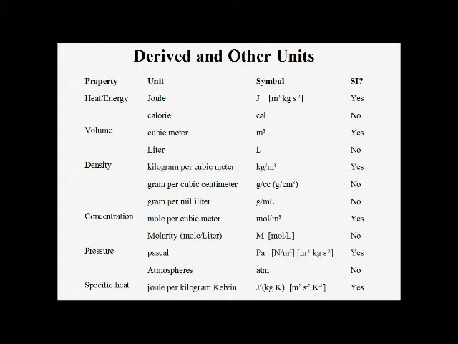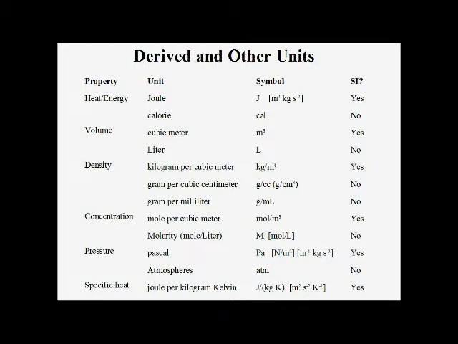For volume, we as chemists use liters primarily. This is abbreviated capital L, but this is not the SI unit. The SI unit would be the cubic meter. For density, we tend to use grams per milliliter or grams per cubic centimeter.